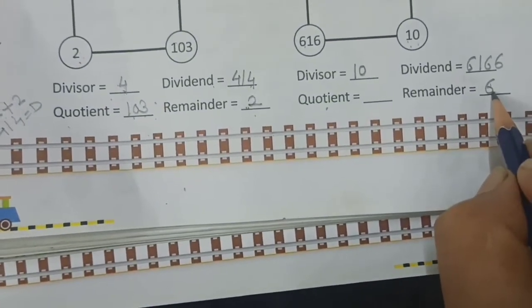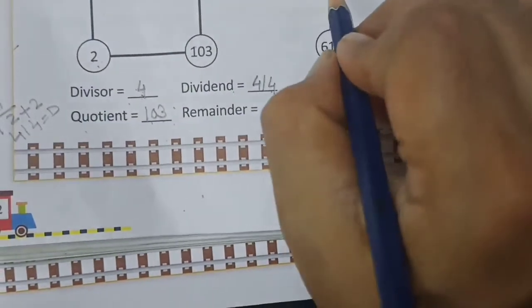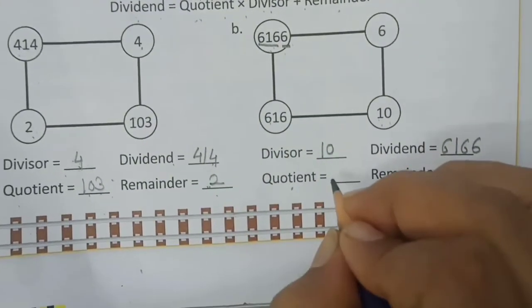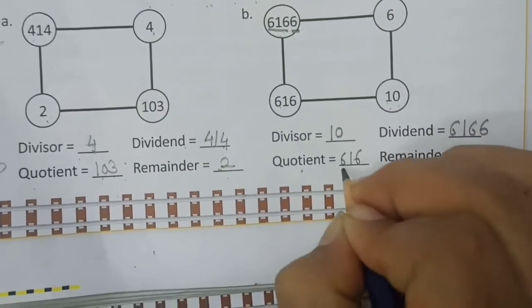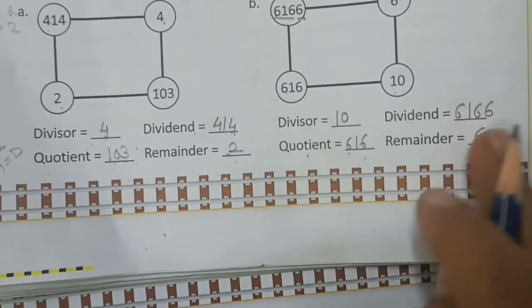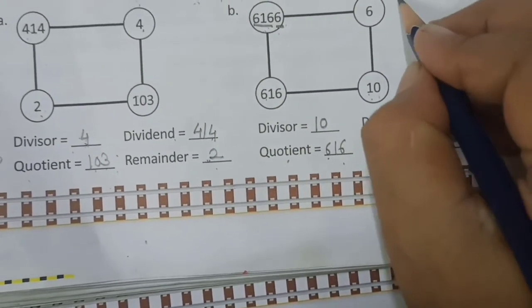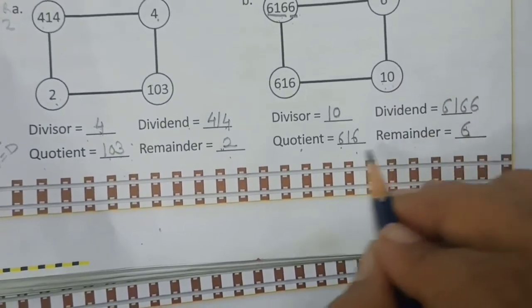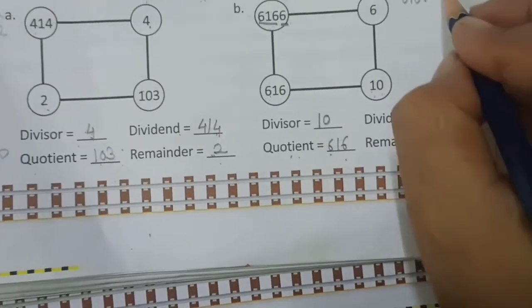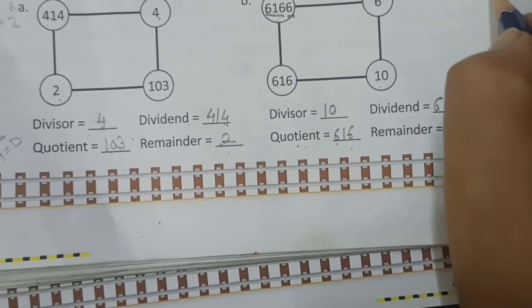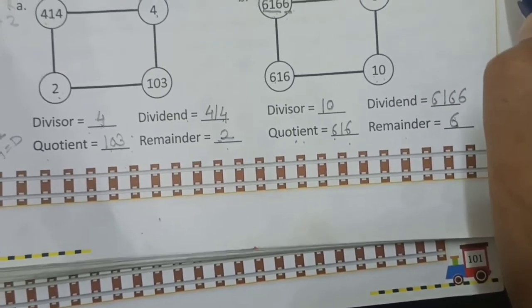Yes, this ones place 6 is the remainder and the other numbers are the quotient. So 616 is the quotient, and when we put these numbers in the formula, quotient multiply by divisor plus remainder, then you will get the dividend.